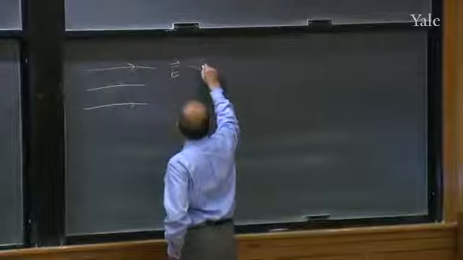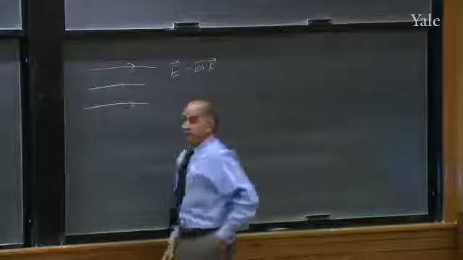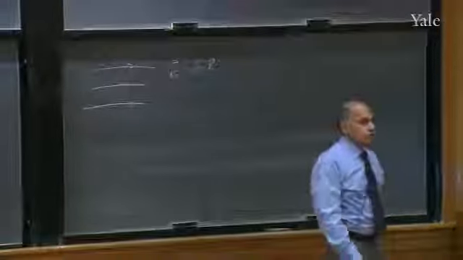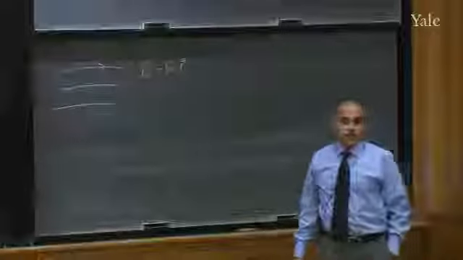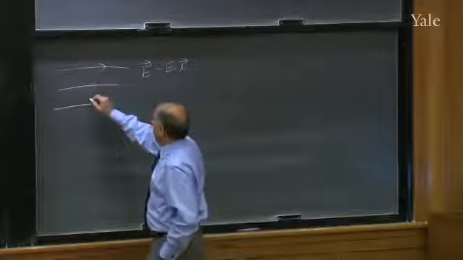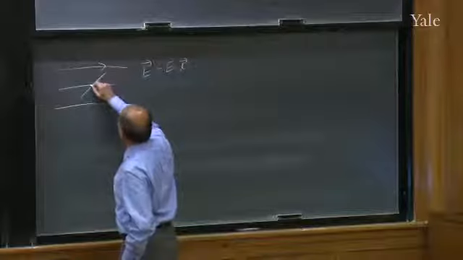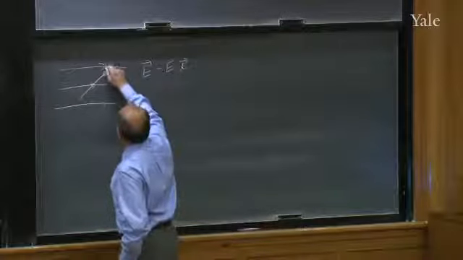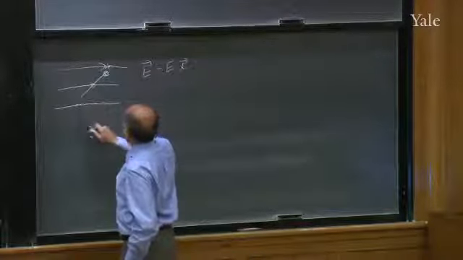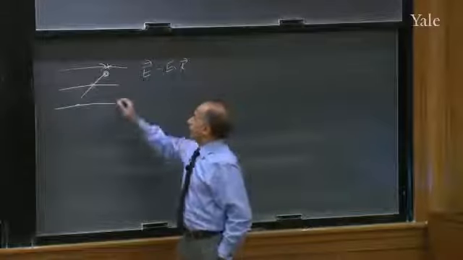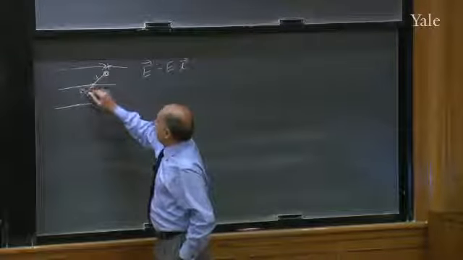It's got a magnitude E0, and it's in the x direction. And in this electric field, I stick a dipole in, like that. Here is the plus q, here is the minus q. And let's make that A, let's make that A.